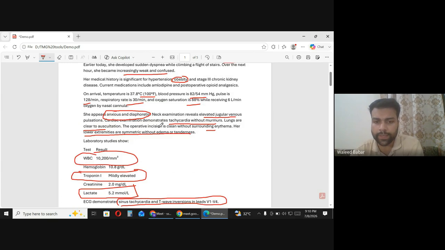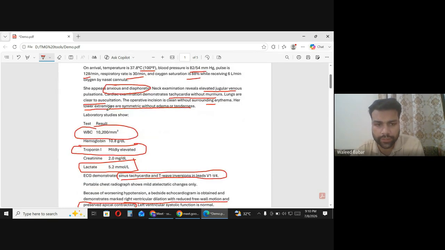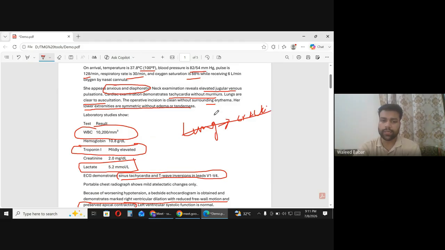Another important thing is the lung auscultation. The lungs are clear to auscultation. If it's cardiogenic shock secondary to acute coronary syndrome, then the lungs must have crackles in that case. But here, the lung auscultation is clear. So this is not acute coronary syndrome.